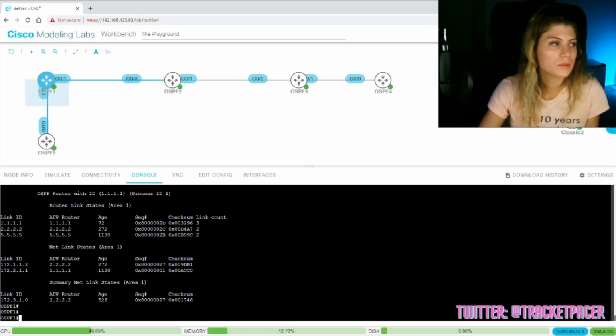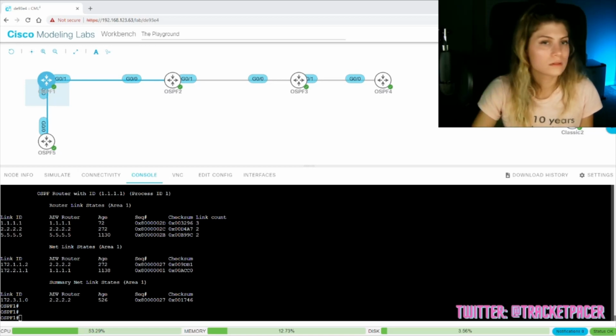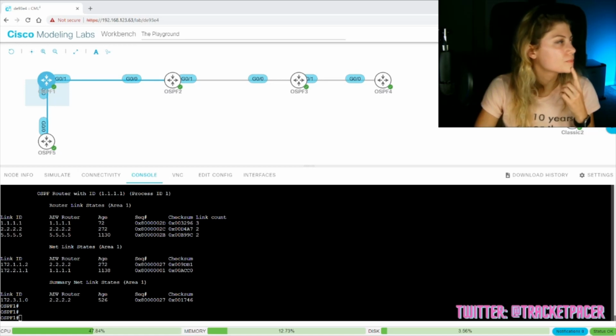Type 2. How do I look up information about the key? All right, it's time to go Googling. Hang on. OSPF white papers.